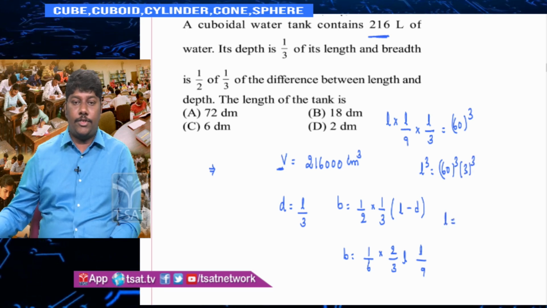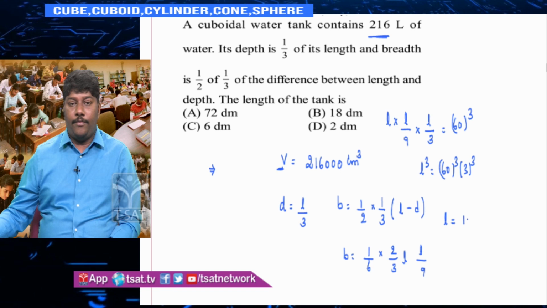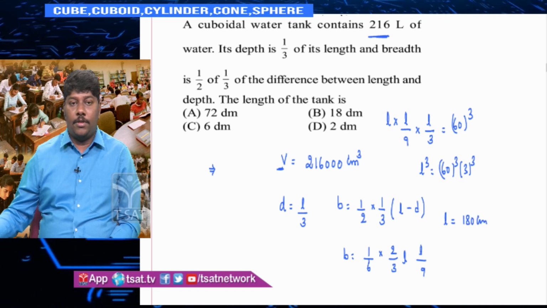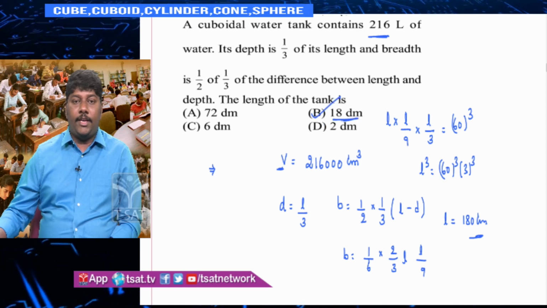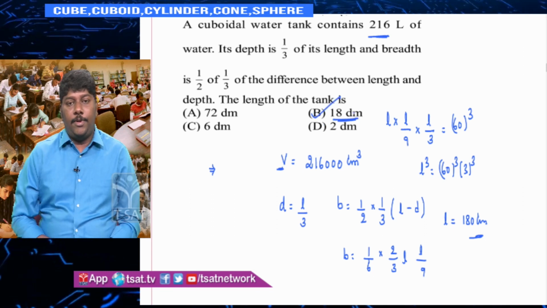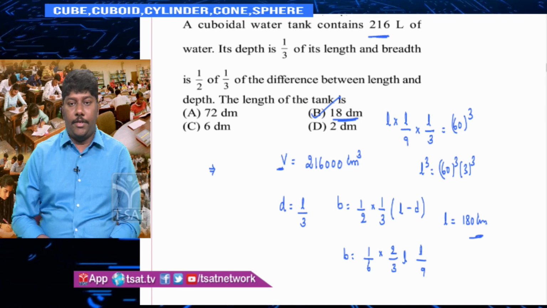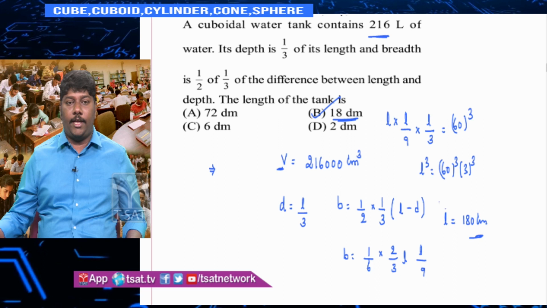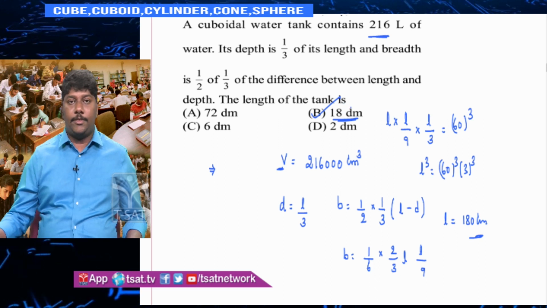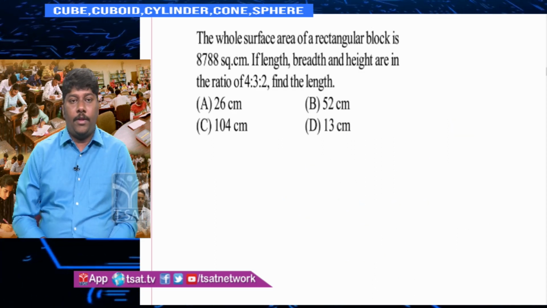Therefore, length is equal to 60 into 3, 180 centimeters. He is asking you the length, therefore you can say 18 decimeters. Each decimeter is equal to 10 centimeters, so I am converting centimeters to decimeters by dividing by 10. It becomes 18 decimeters.